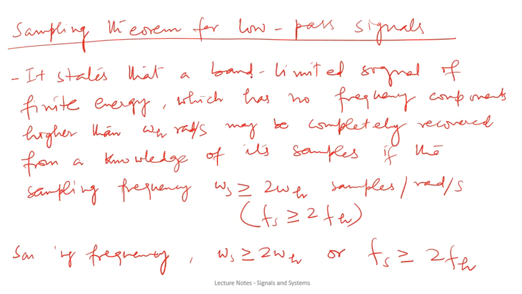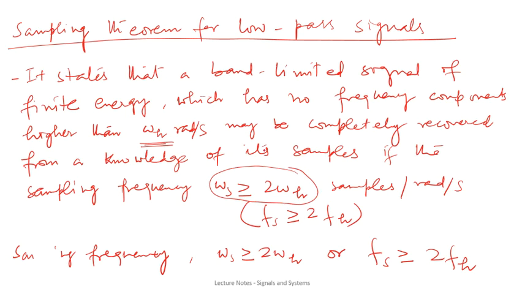It states that a band limited signal, which has its boundaries, of finite energy, which has no frequency component higher than this omega h, may be completely recovered from a knowledge of its samples if the sampling frequency is greater than or equal to twice of omega h.